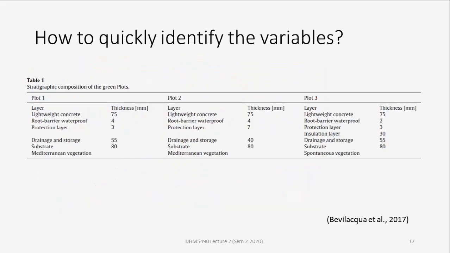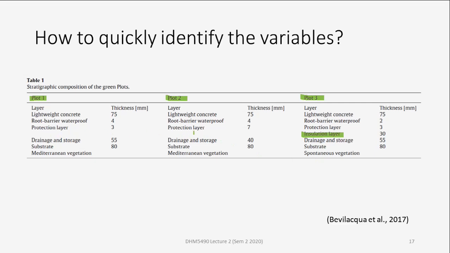Here, you see that there are 3 plots, namely plot 1, plot 2, and plot 3. What is the difference? There are different layers. You can see here, plot 3 has an insulation layer. But are there any in plot 1 and plot 2?